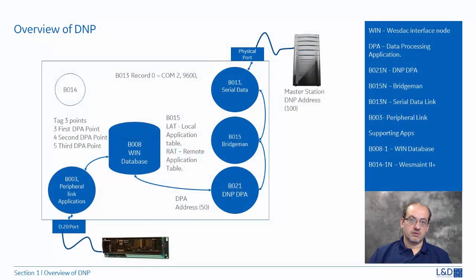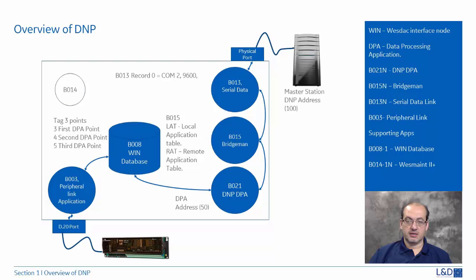Okay, so for this lab, this is a view of how the lab looks. Basically, we start at the peripheral link. The peripheral, which is the S board, is connected using your straight-through cable to the D20 peripheral link port on the back of the chassis.